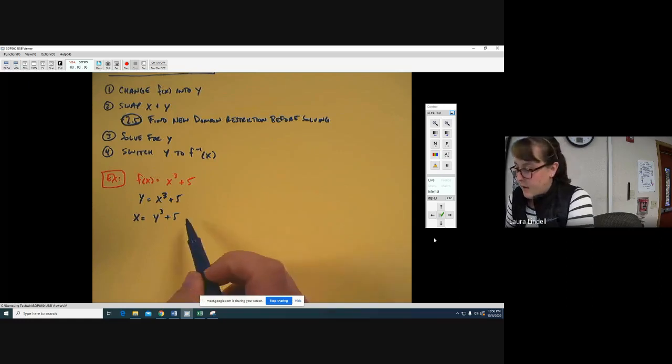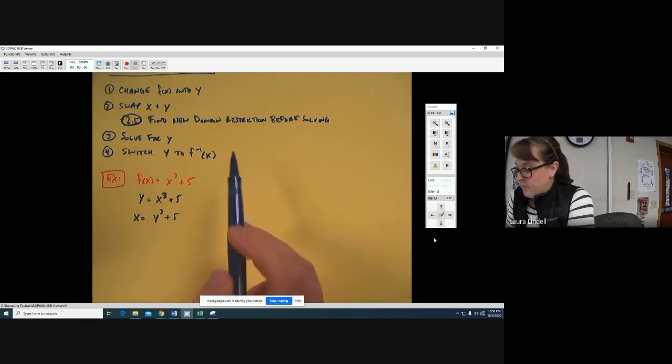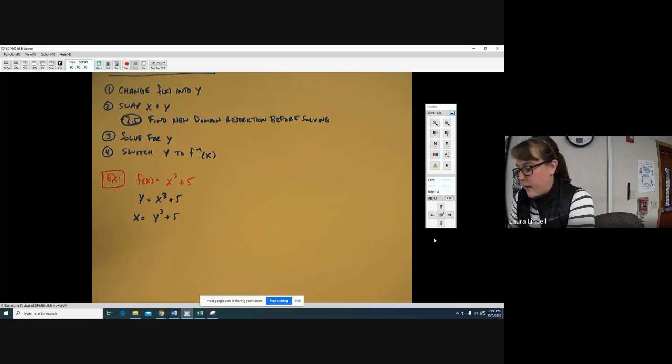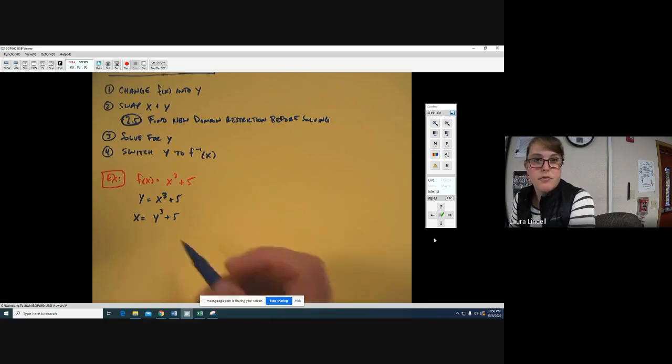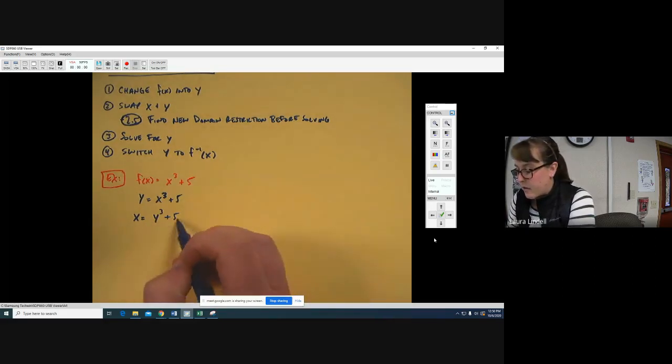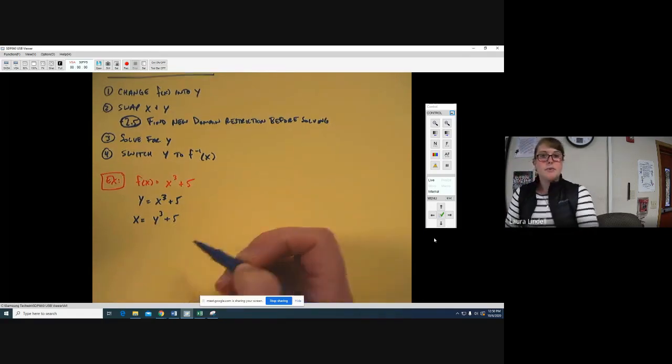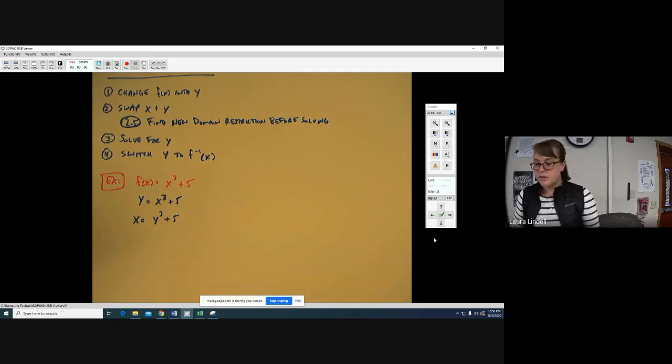Okay. So finding the new domain restriction before solving. In this case, this could be any value from negative to positive infinity. There is no restriction on the domain for this particular one. There's not something here that could not be made from y cubed plus 5. The cases where you'll find a domain restriction is where you end up with like 1 over y plus something, or if you end up with like the square root of y plus or minus something.